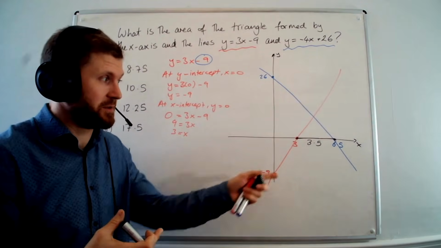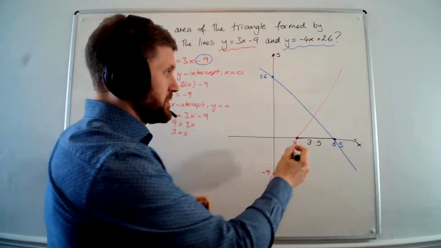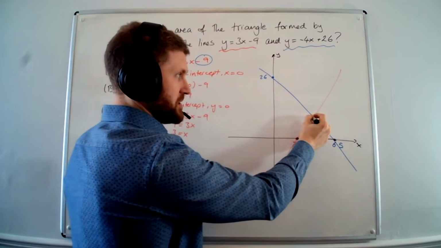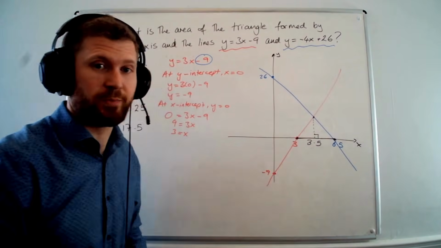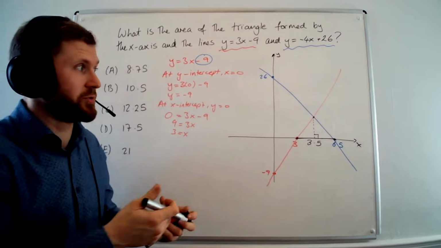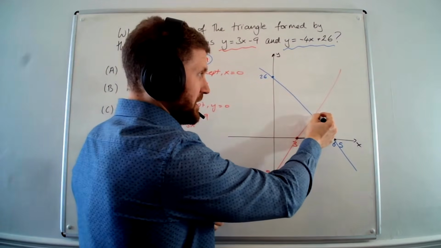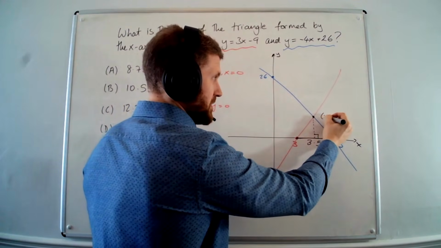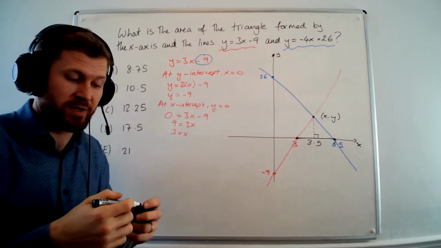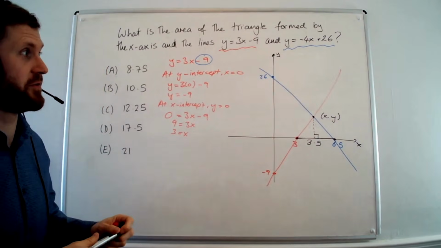I can consider this to be the length of the base, which means that the height would be the perpendicular distance from the x-axis to the point where the red line and the blue line cross. Fortunately for me, because we're in coordinate geometry, that height is the same as the y-coordinate of this point. And so that's what I need to find in order to finish this problem off.